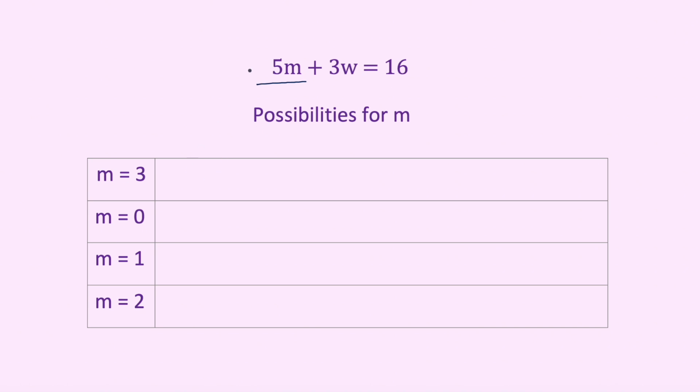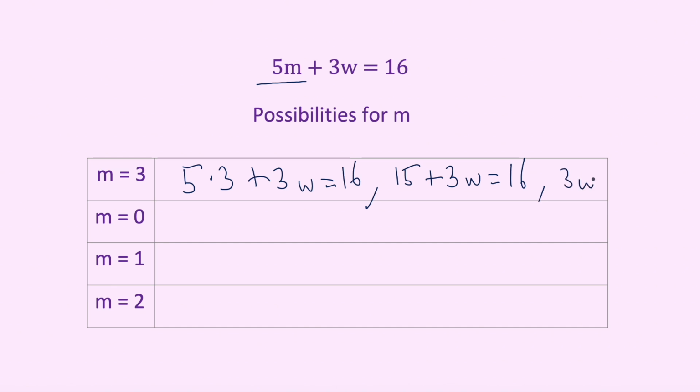Plugging 3 into the equation, we get 5 times 3 plus 3w is equal to 16. That's 15 plus 3w is equal to 16, which, if we subtract 15 from both sides, gives 3w is equal to 1. But that's not possible because w is a whole number. So we can exclude m equal to 3.